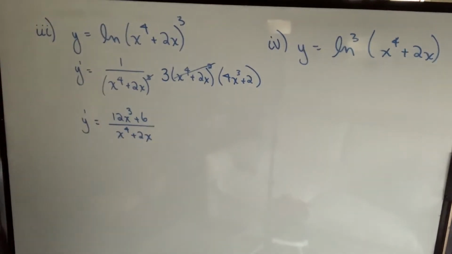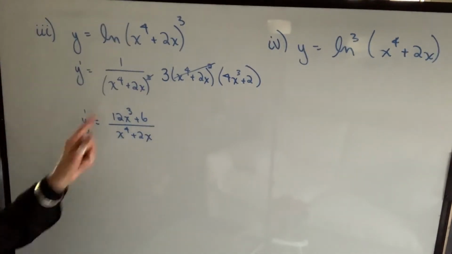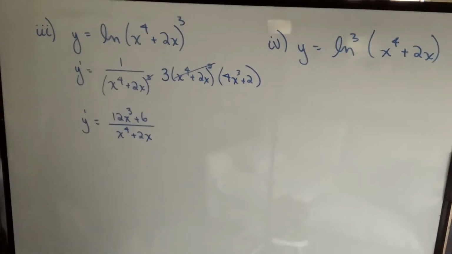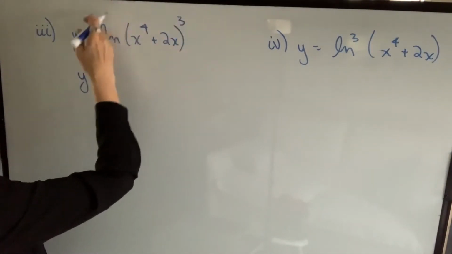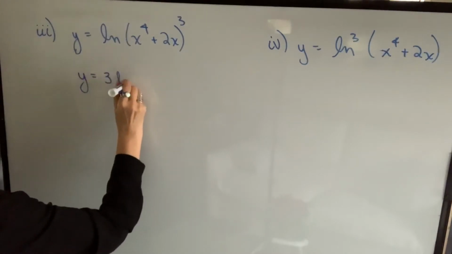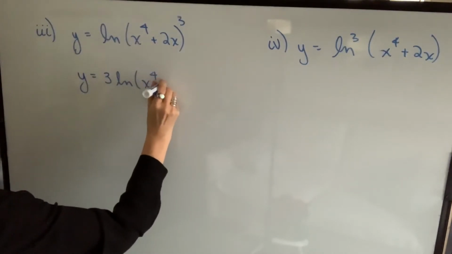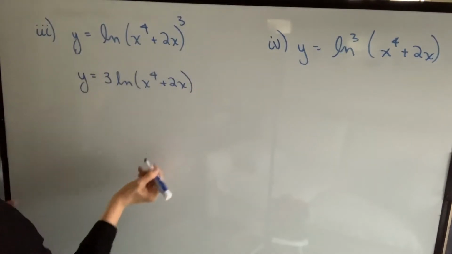So you don't need to use your properties. You can still differentiate. But I want to redo this question using my properties, and you'll see that it's a little bit easier. So I'm not going to find the derivative yet. I'm going to use my third property, which is I can bring this coefficient out front. Now I can differentiate.